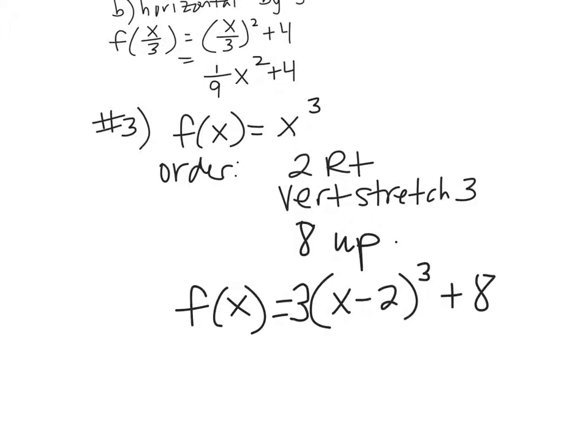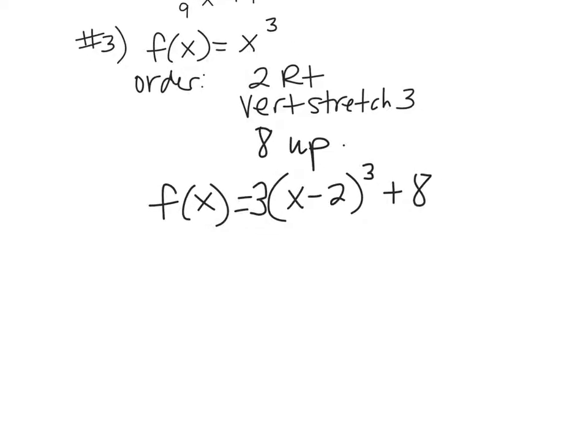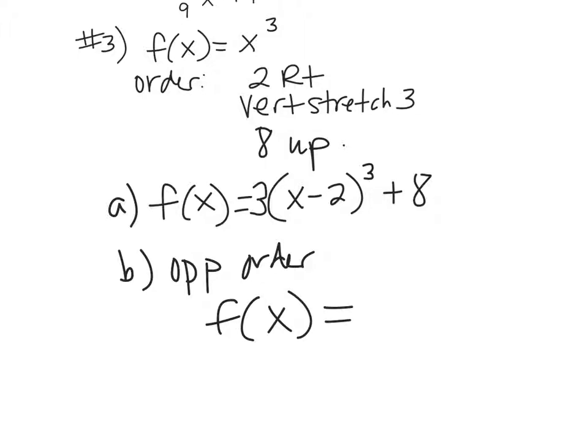Pretty good, huh? Okay, let's do this in the opposite order. Opposite order is going to affect something. It's going to make one little change. Most of it's going to stay the same, but it affects one thing. So now the opposite order says that I'm taking my cubic function and I'm going to shift it up 8. I go 8 first. Okay?